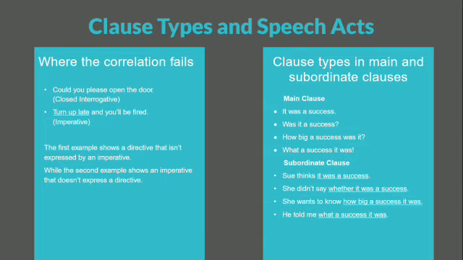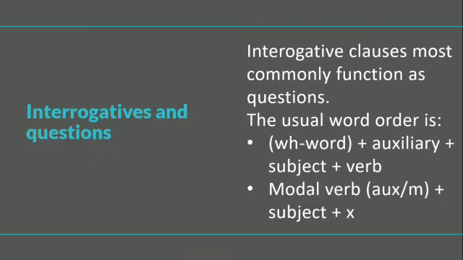Contohnya, contoh main clause yang kedua, was it a success? Klausa ini dalam bentuk clause interrogative, tapi ketika dalam bentuk subordinate clause ini menjadi deklaratif. She didn't say whether it was a success. Klausa ini bukan dalam bentuk pertanyaan lagi, tetapi dalam bentuk pernyataan. Dan itu berlaku untuk semua jenis klausa yang lain.